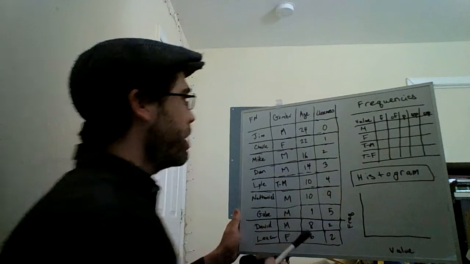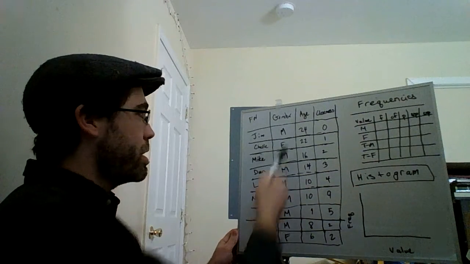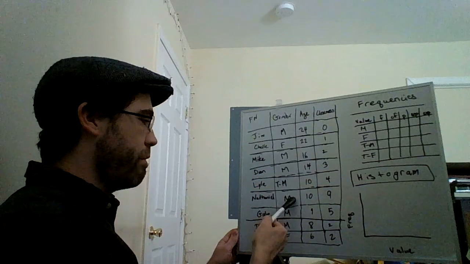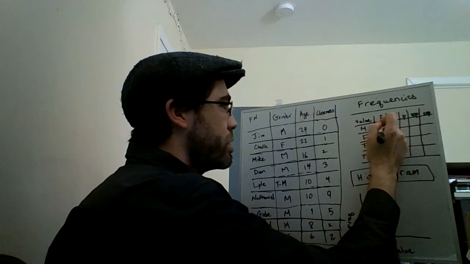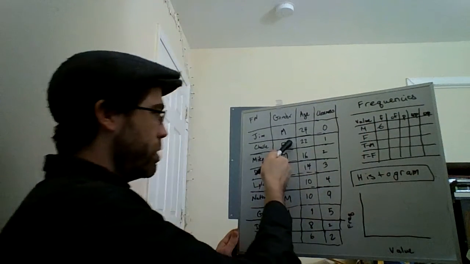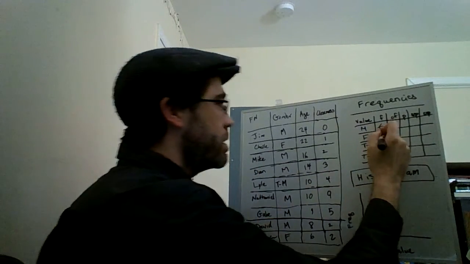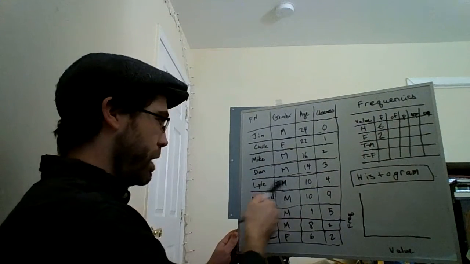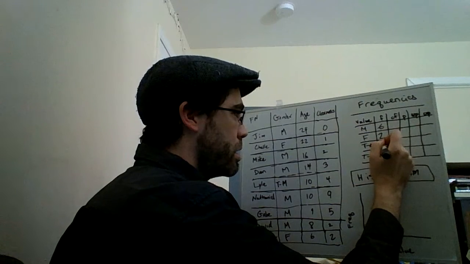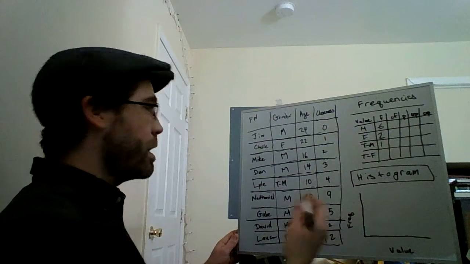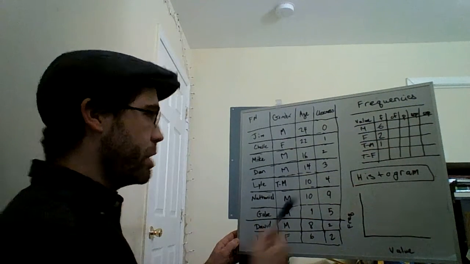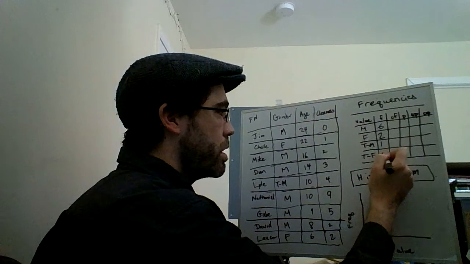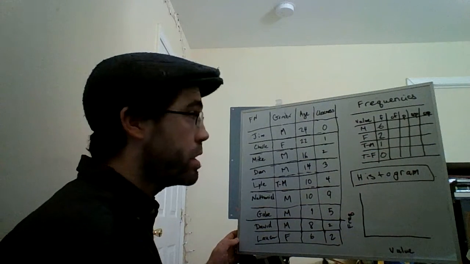This first column, frequency, we just count up how many of them there are. So there's 1, 2, 3, 4, 5, 6 males, just 1, 2 females. Lyle is the only trans male, and trans female, 0. So far, so good.